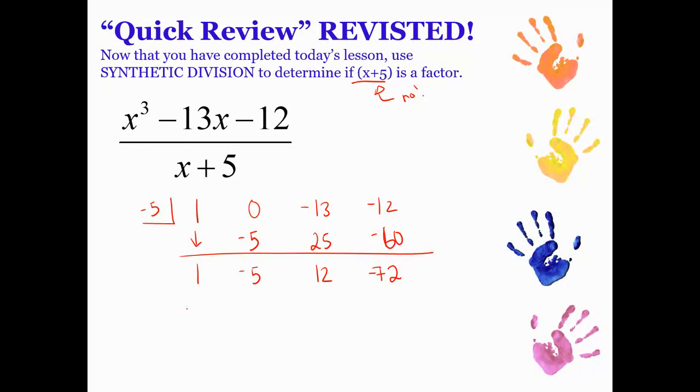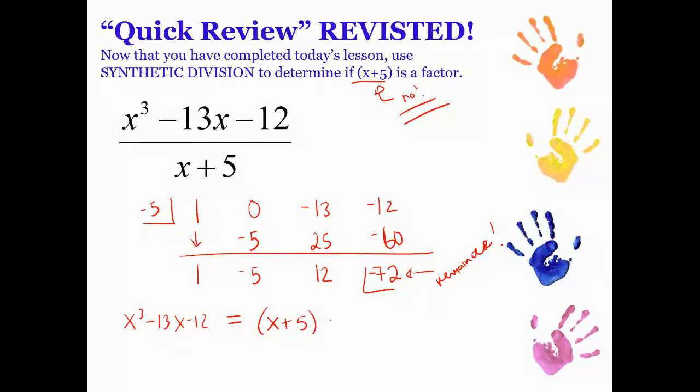So what's actually also another way to represent this is I could write, it's not a factor, right? The answer is no, and I proved it again because the remainder, that's how far we are out from getting to a whole, is actually equivalent to saying I'm going to take the divisor, multiply it by x squared minus 5x plus 12, and then add negative 72.